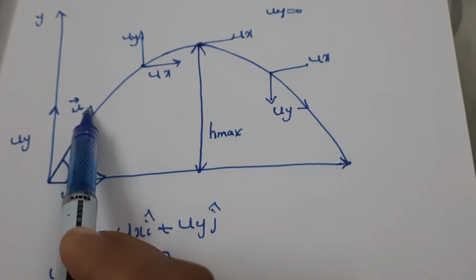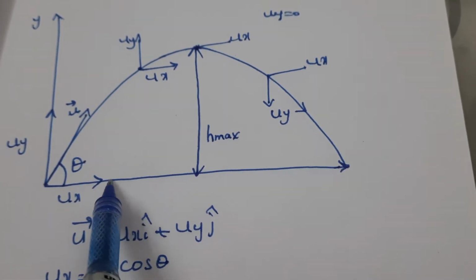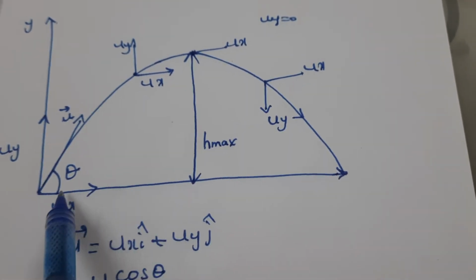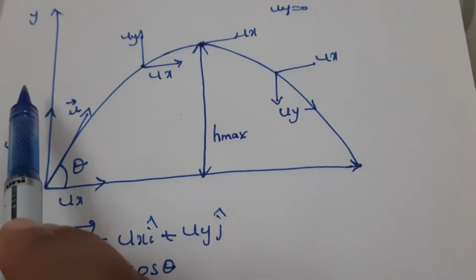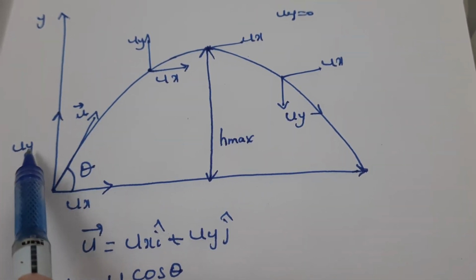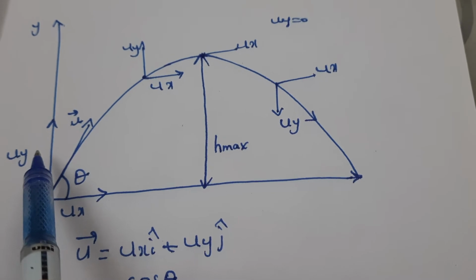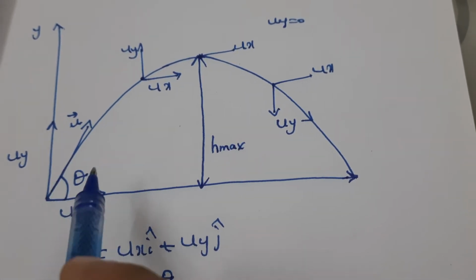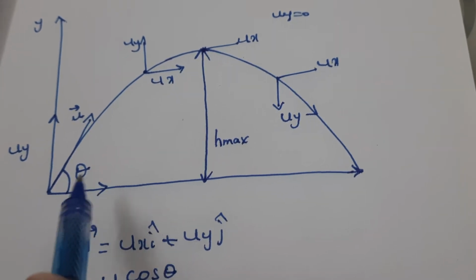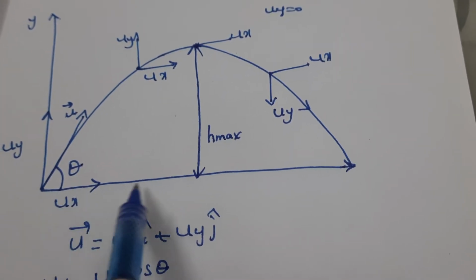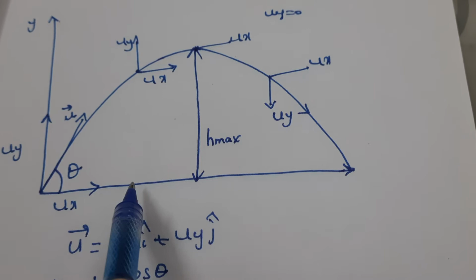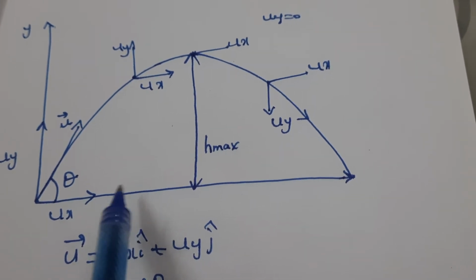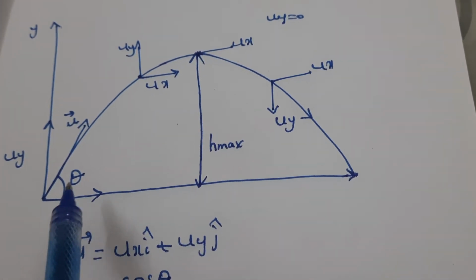So this vector can be resolved along the x direction, ux equal to u cos theta, and along the y direction, uy equal to u sin theta. And in projectile motion we have an assumption that it has a uniform horizontal velocity and the vertical velocity gets changed.